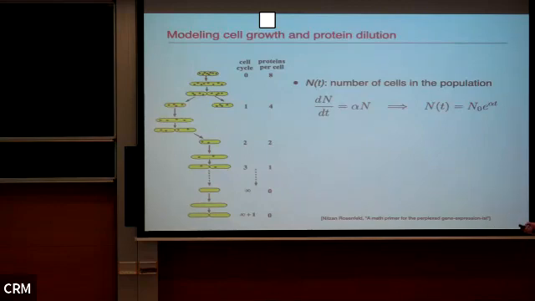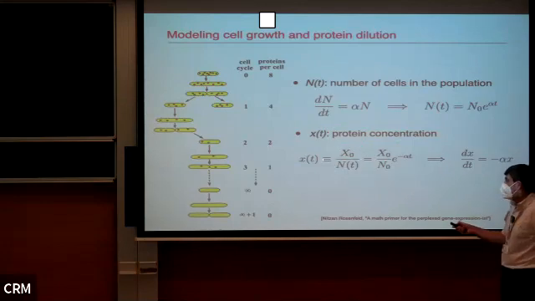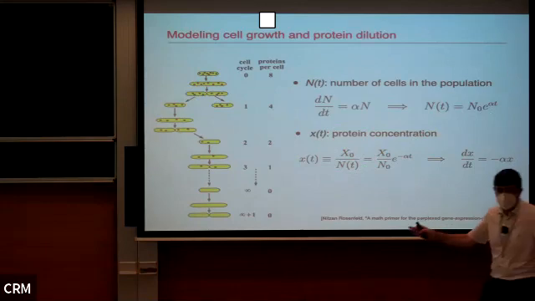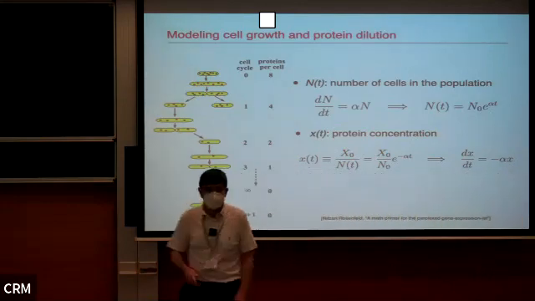Okay, so now how do we model this? Well, it's very simple. The concentration of the protein will be the mass of the molecule divided by the number of copies of the cell. Since the n goes exponentially, this decays exponentially. So in a differential equation form, you just have this. Whenever you want to model protein dilution or protein degradation, in general, protein decay, that's a term. So that's not saying anything new. I'm sorry, that's why I was saying that this is very simple.